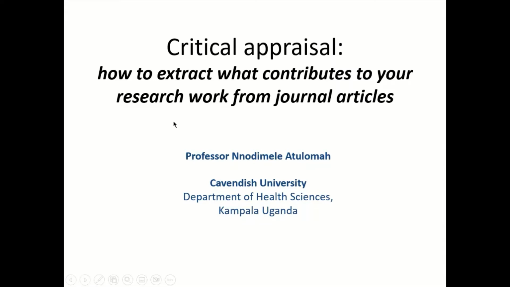So it's not done haphazardly, it is done systematically because it's a science. All right, so we call that technique critical appraisal, and this is how to extract what contributes to your research work from journal articles that are published.